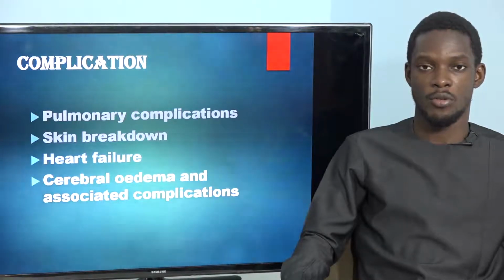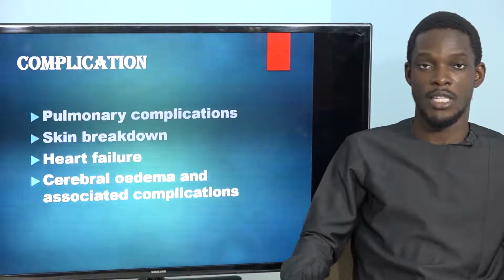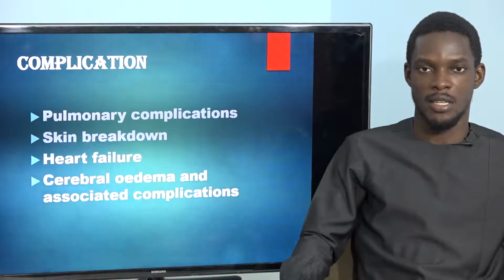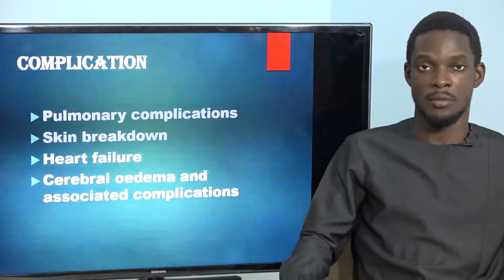And you may also want to look out for cerebral edema, because fluid may leak into cerebral spaces and lead to cerebral edema, and also associated complications of cerebral edema, such as forgetfulness, dizziness, sleepiness, confusion, etc.